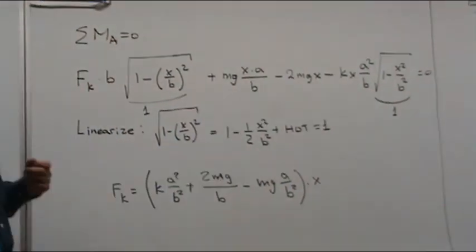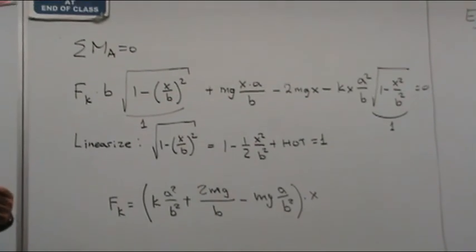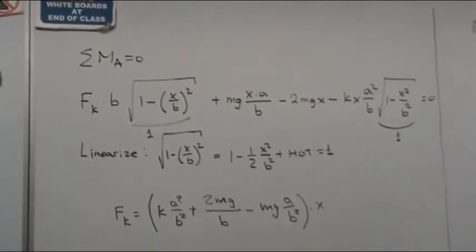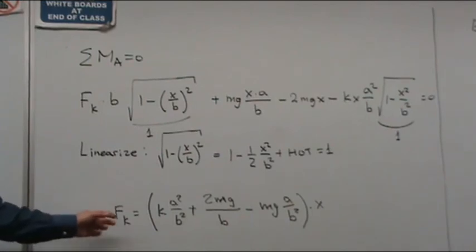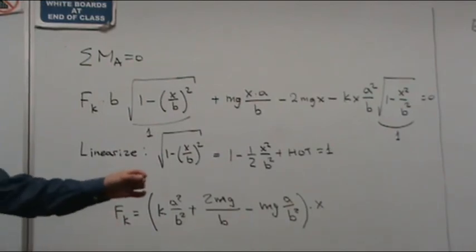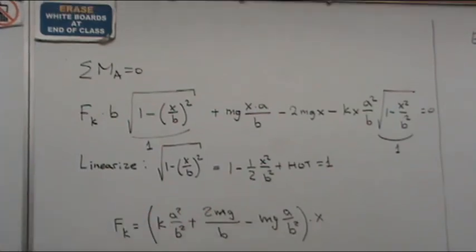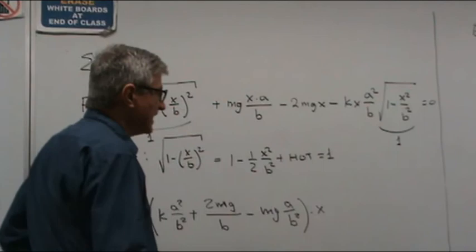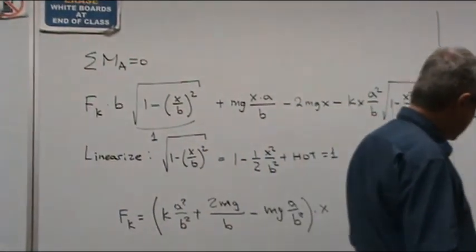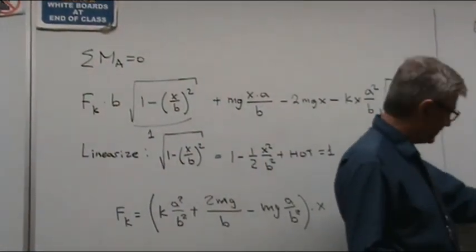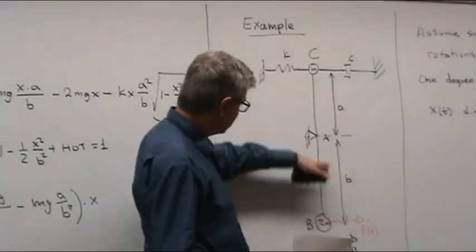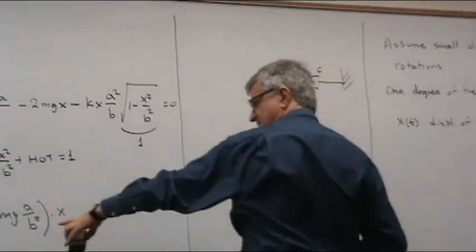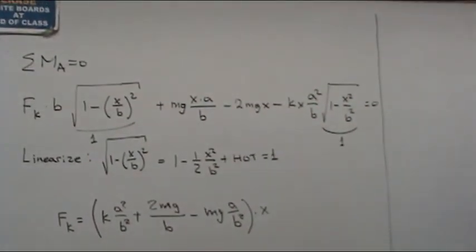Okay? So what is the equivalent stiffness? What is K equivalent? That means what is the force that is required to move the lower part by 1 unit? Well, it's this coefficient. So the K equivalent, that means the spring that is equivalent to this system, is simply the quantity in this parenthesis.